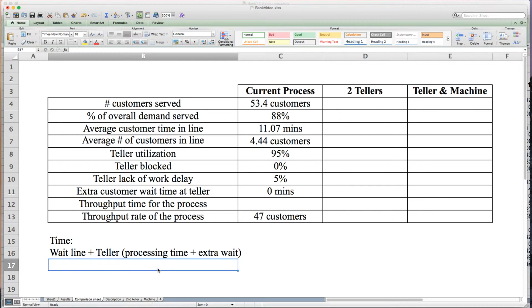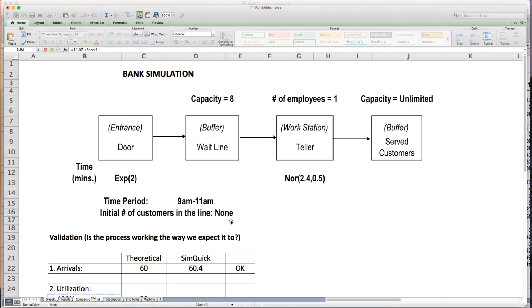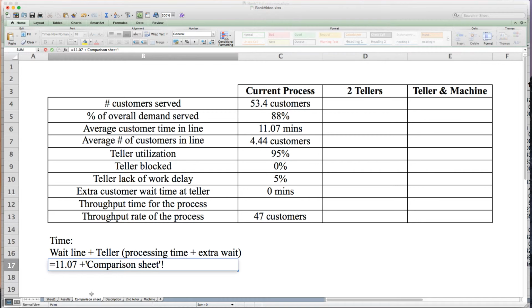Okay, so pretty straightforward here. So time in the wait line, we know it is 11:07. Now processing time, you get straight off of your process flow map. So if you look at your process flow map, your working time on your customers is 2.4 minutes. So let's do that. So it's going to be 2.4 minutes. And then we know from up here there's no extra wait time at the teller, so that's 0.